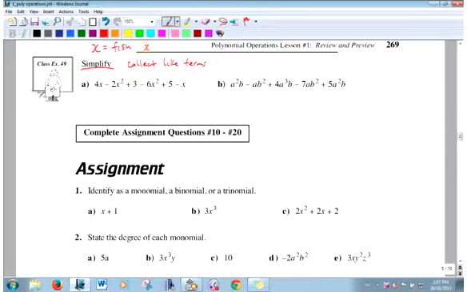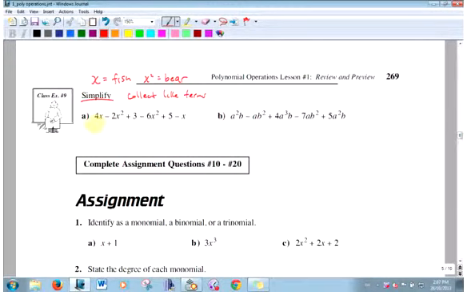X squared, I'm going to let that be bear. Not beer, bear. Okay? X is fish. I got 4 fish. I lost a fish. Jumped out of my bucket, swam down the river. Had 4 fish. 1 fish swam away. How many fish do I have? 3 fish. 3x is fish.